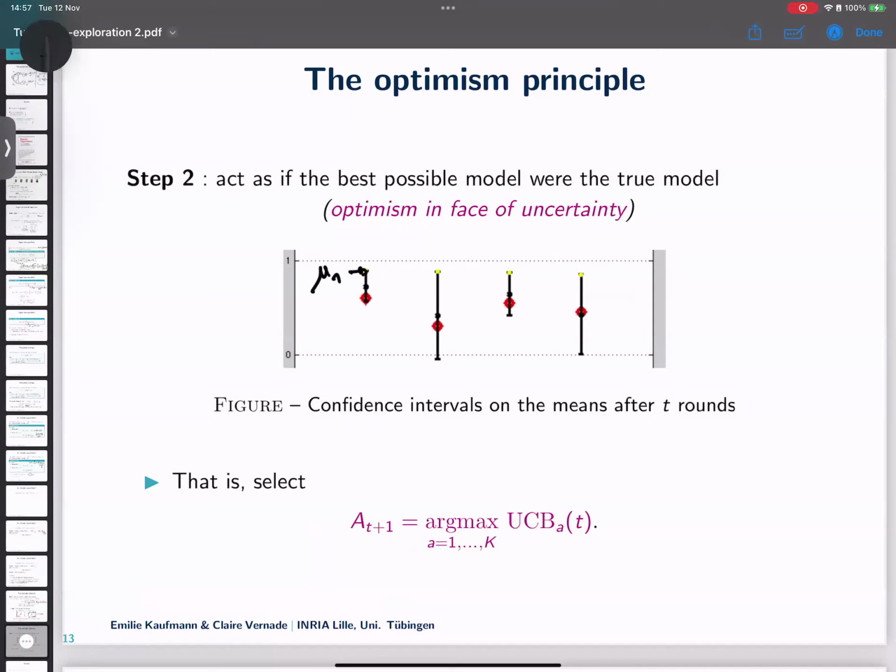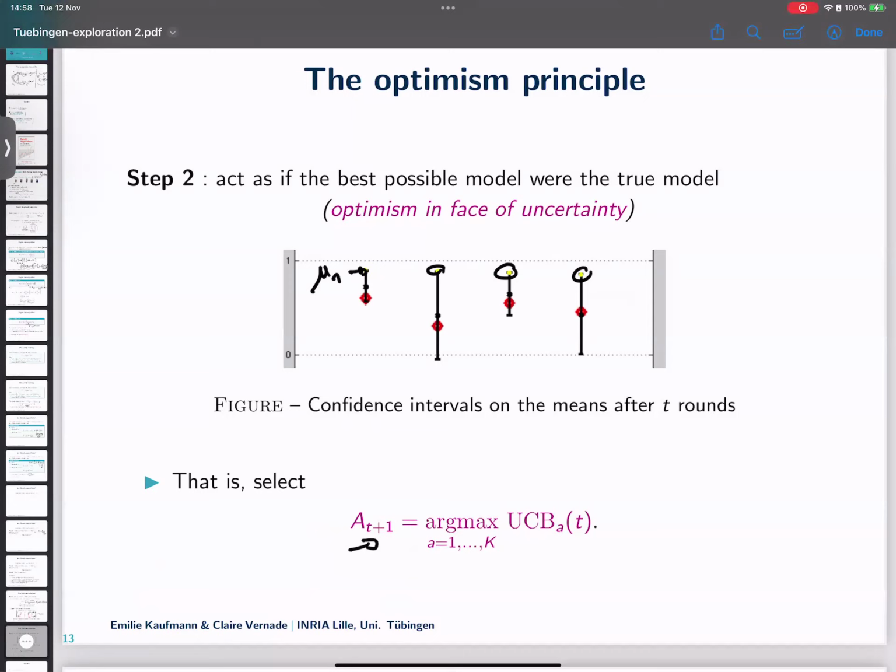This value is still within my confidence bound. So this is the highest possible value for arm 1. And for each of these arms, I have a highest possible value. And then I choose arm A. So my action is just going to be the arm that maximizes the value in this best possible world.